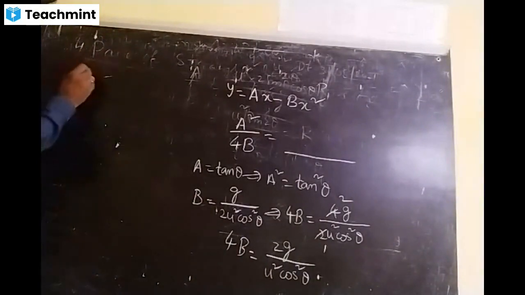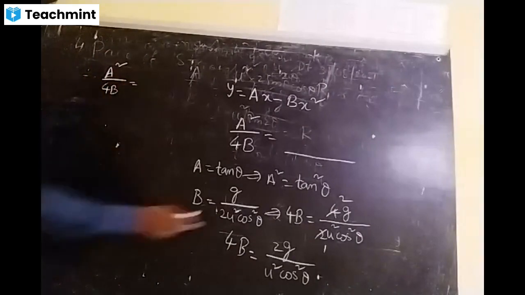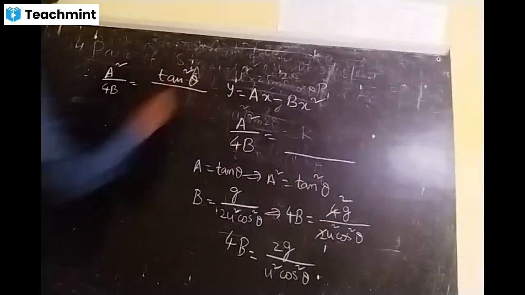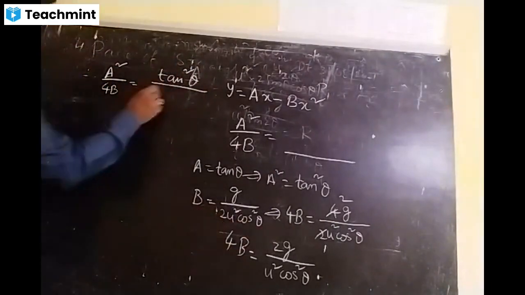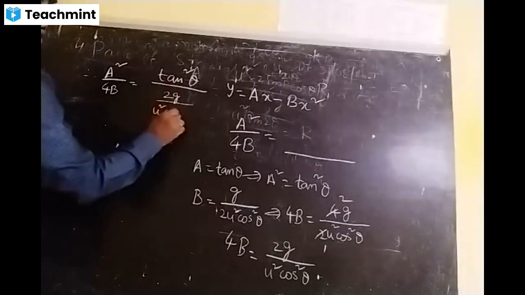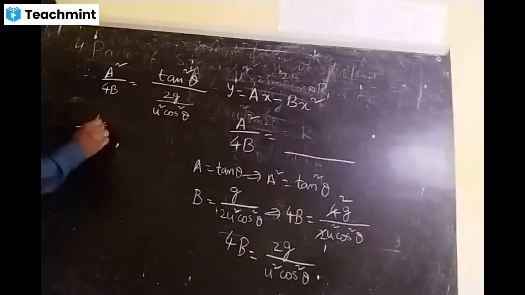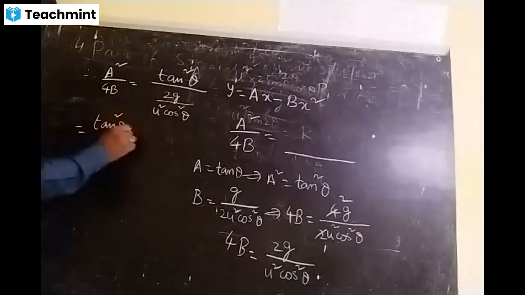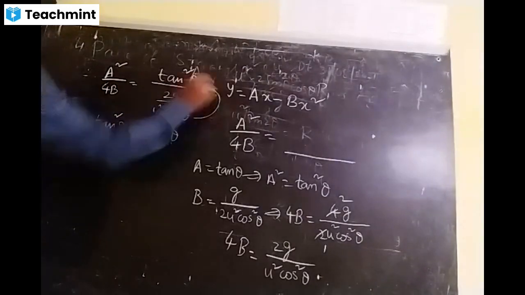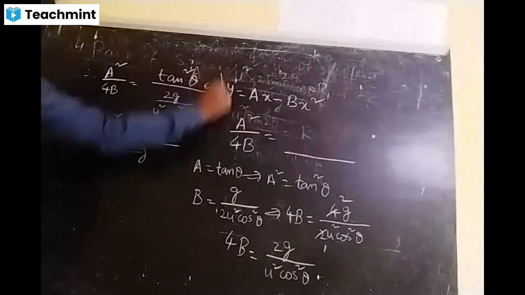Therefore a square by 4b is equal to a square, tan square theta, divided by 4b, which is 2g by u square cos square theta. This is nothing but tan square theta into u square cos square theta upon 2g.